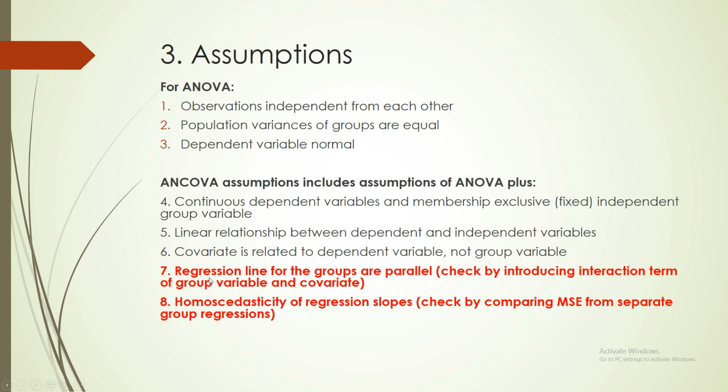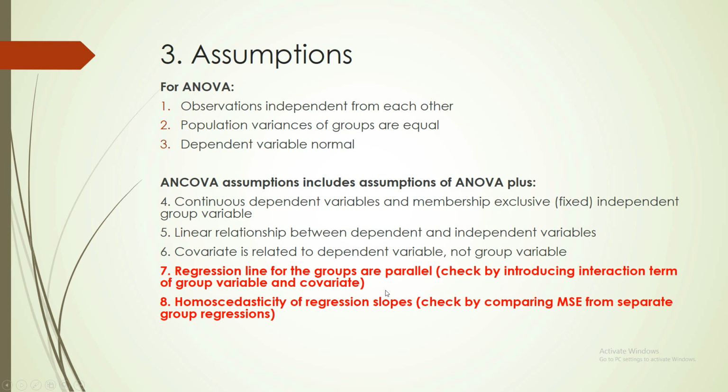Now, the 7th assumption, let's get back to this. The 7th assumption that we need to prove in order to perform an ANCOVA is that the regression lines for different groups should be parallel. When I say regression lines, it's the regression that we use to calculate the adjusted means that I showed previously.